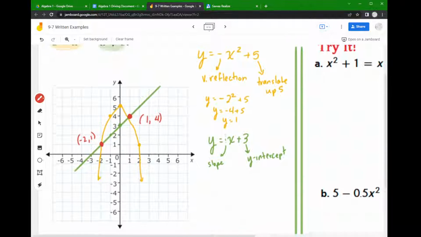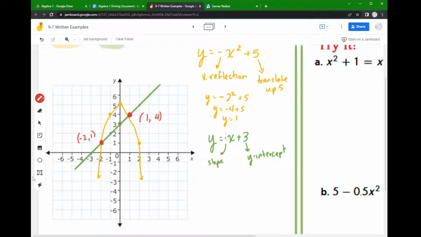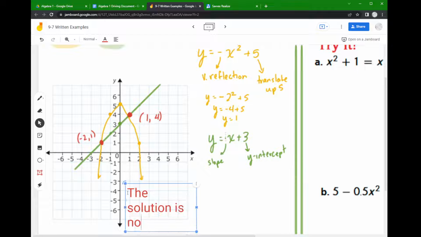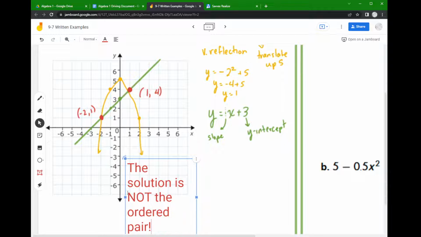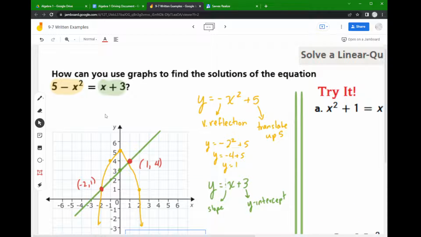Now I need you to understand, the solution is not the ordered pair. I'm going to put that in nice big red text here. The solution is not the ordered pair. If you look at the equation that they gave us, the equation that we graphed, I don't see any y values. And an ordered pair contains the y values.